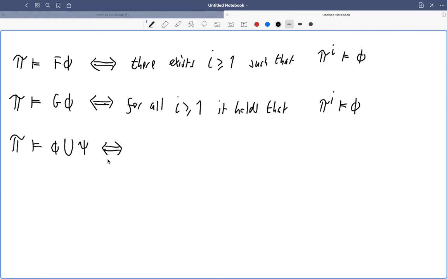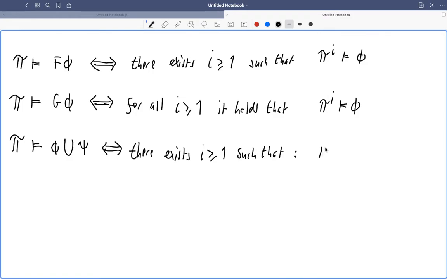So to state this, we say that there exists some future time at which psi holds, and up until that time phi holds. So again, like the future operator, we have there exists i greater than or equal to 1 such that, but now we have two conditions.